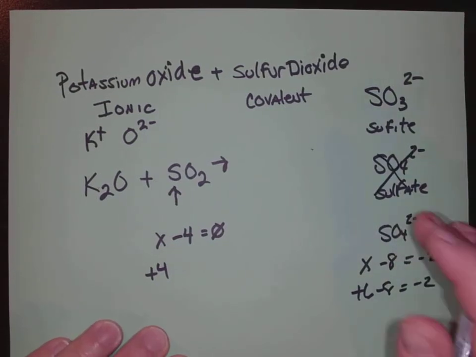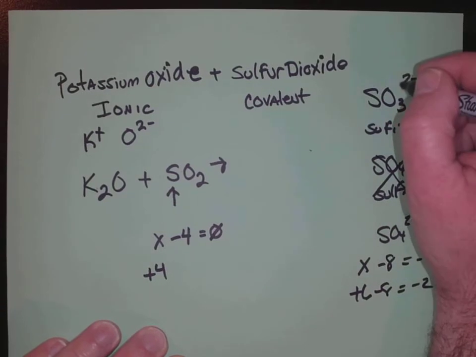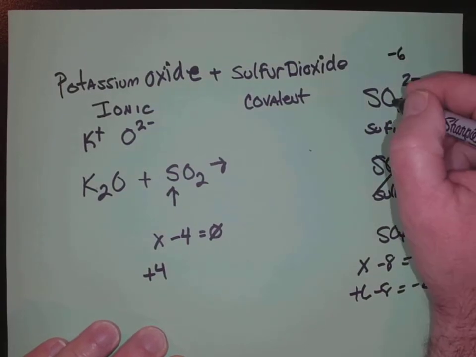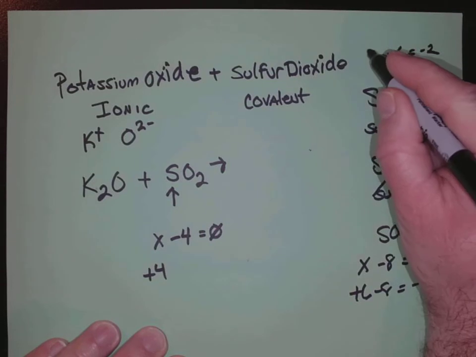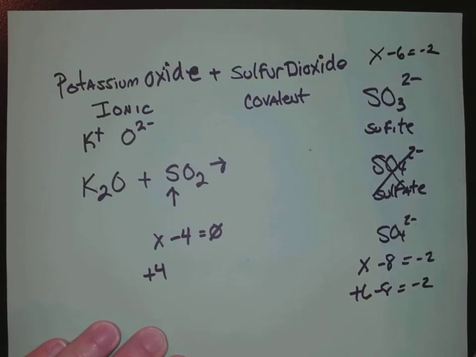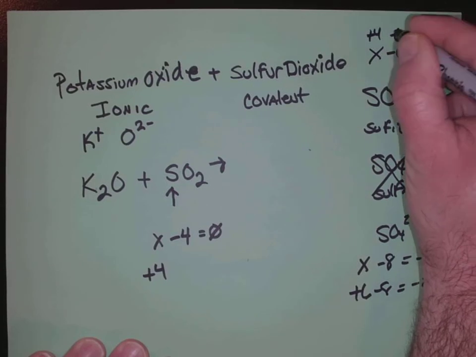Well, just to make sure, let's go do sulfite. Sulfite, again, negative 2 times 3 is a negative 6 minus 2. So we'll call that for the sulfur, the stem, x. So again, to make this a true mathematical statement, this has to equal a plus 4.